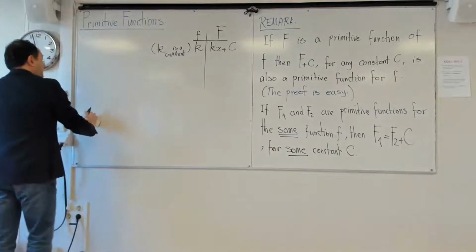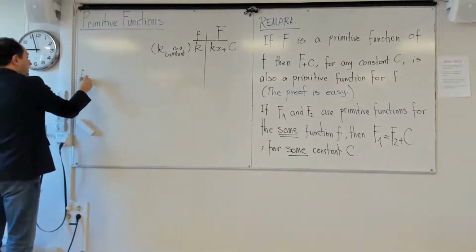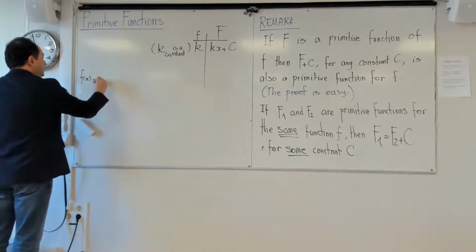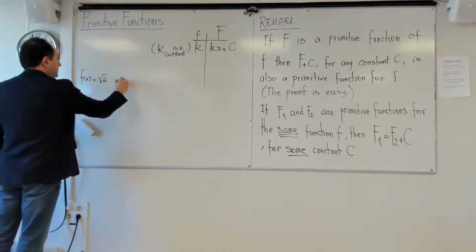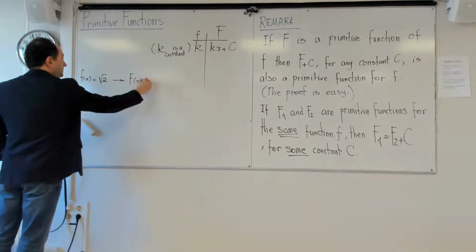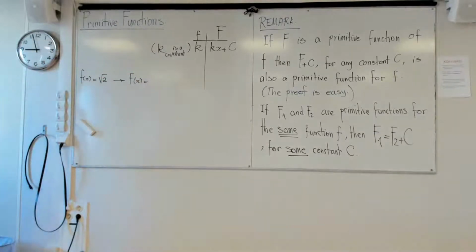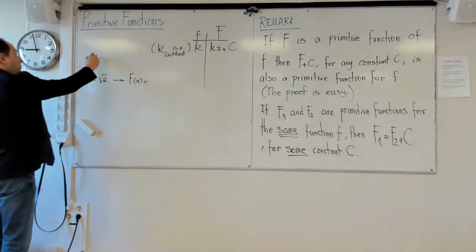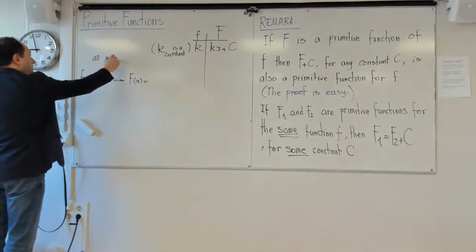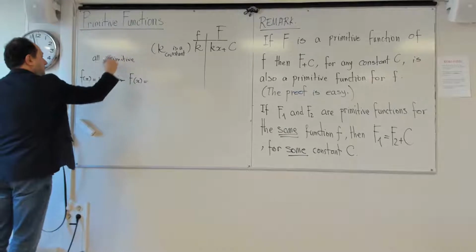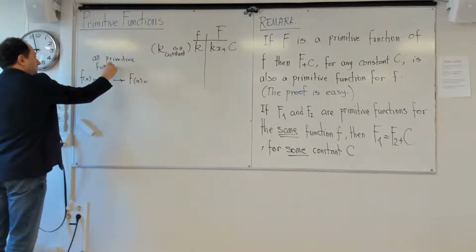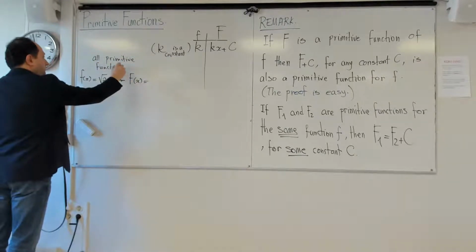Now let me test your understanding. Let f of x equal the square root of 2. Can you tell me what the capital F is? Let me write all primitive functions. Tell me, what is this?